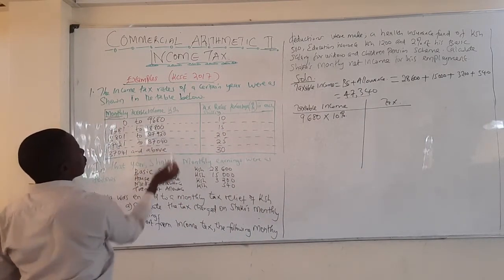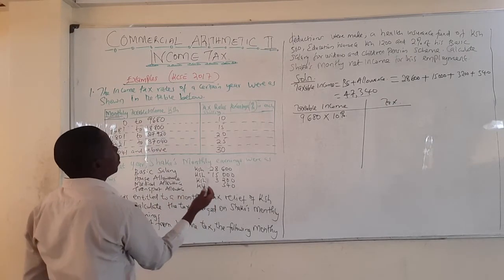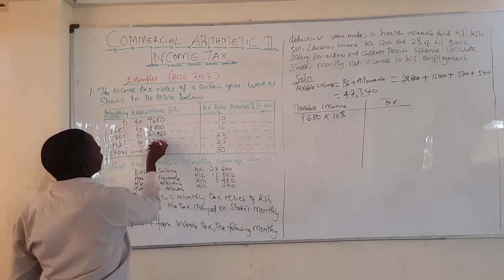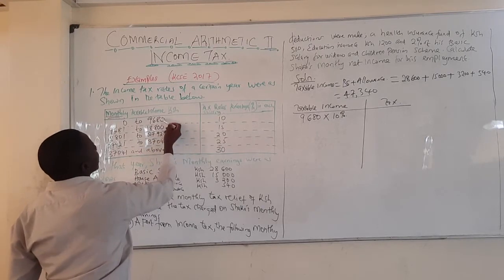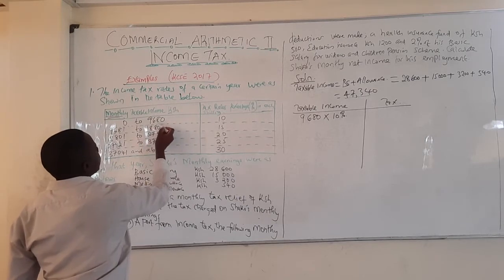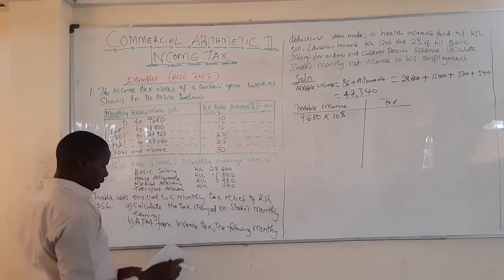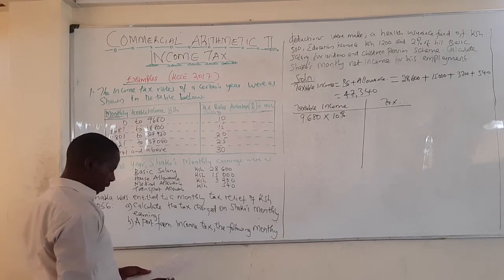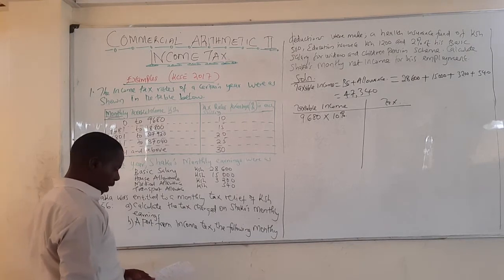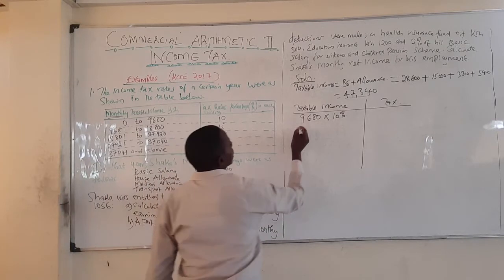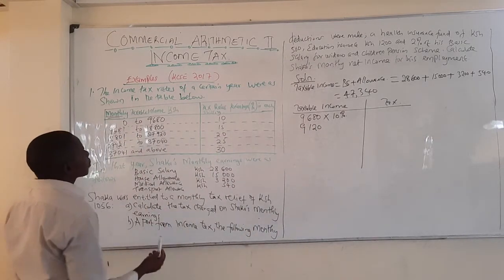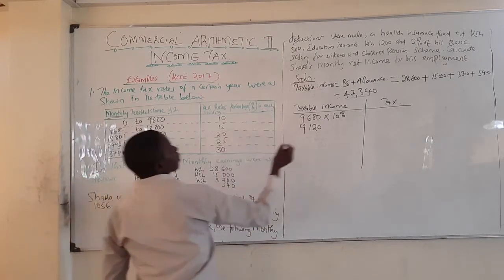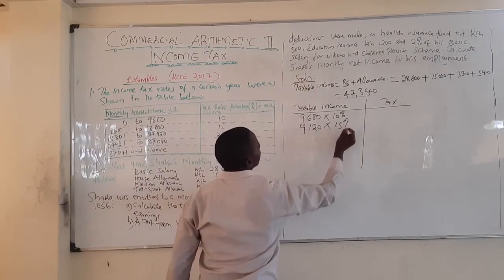Then we go to the second bracket. How much do we tax from the second bracket? This is how we go about it. We take this figure, 18,800, and we subtract this value that is up here, 9,680. That one we're going to be having as 9,120. When we subtract the two, we are going to multiply by 15%.